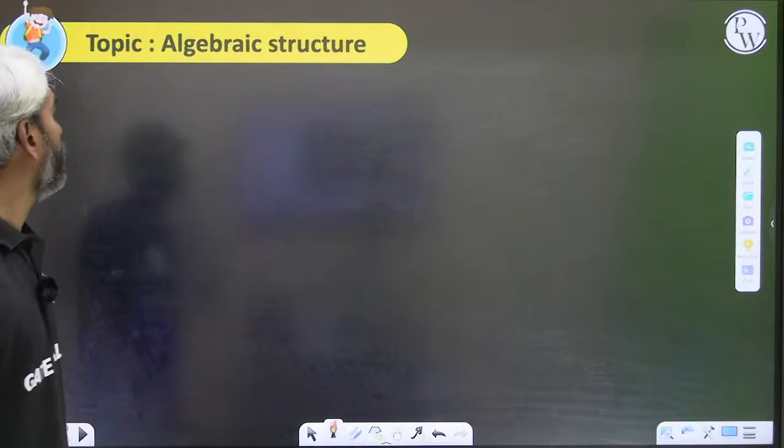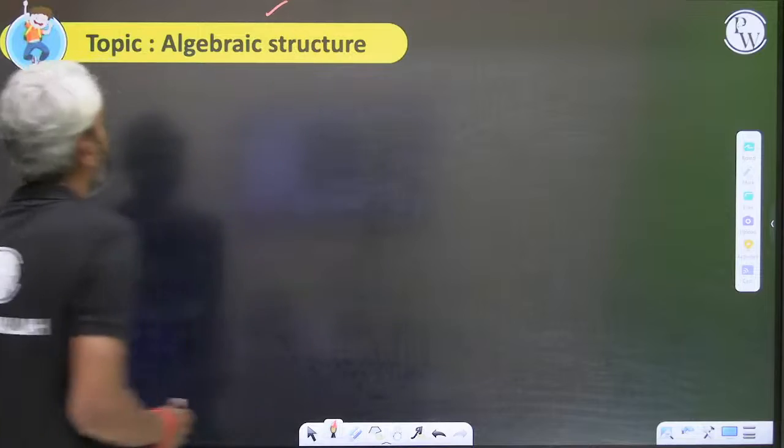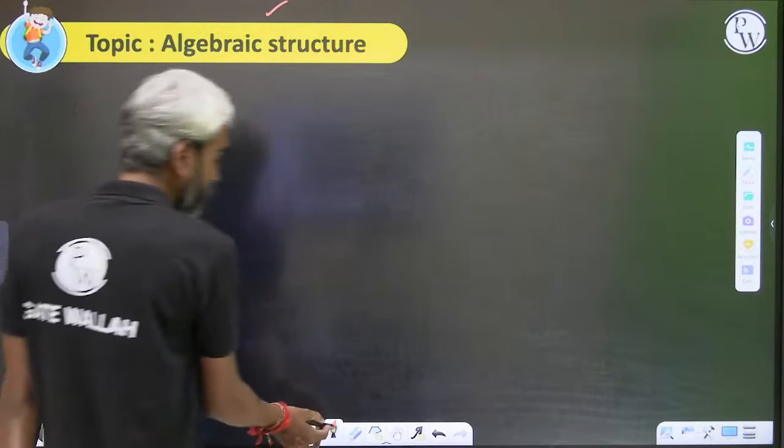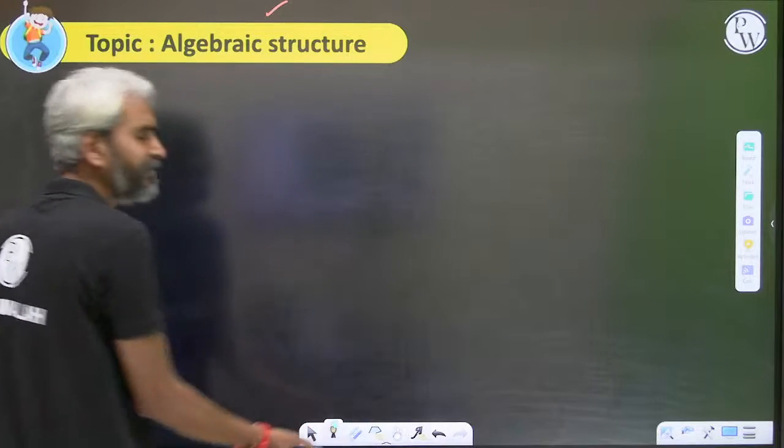Okay, so let's start with the very first definition, that is, algebraic structure. So what actually is an algebraic structure?